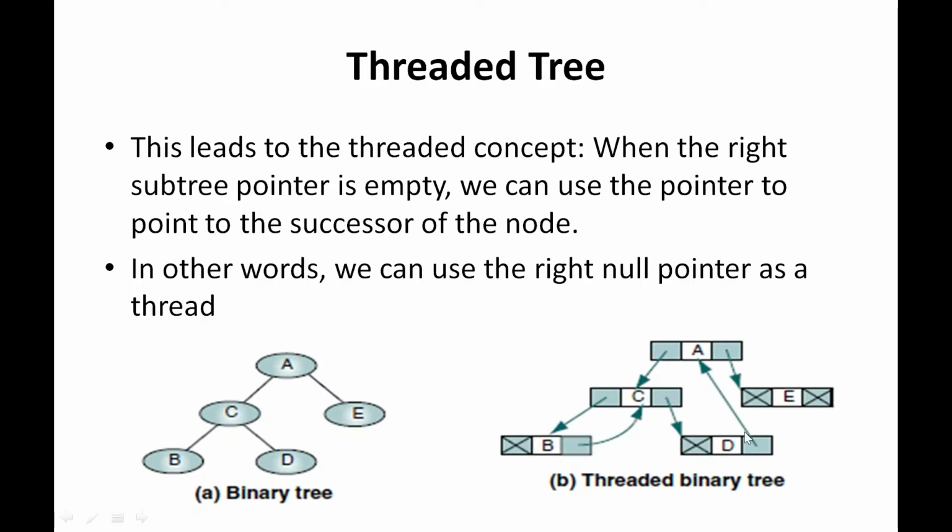If you accomplish this for the entire binary tree, then it becomes a threaded tree. It's a simple process. You just have to interconnect all the right pointers to their next node to be visited as per in-order traversal. Then what we get is a threaded tree.